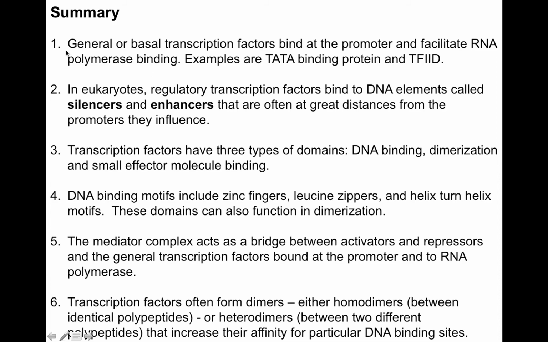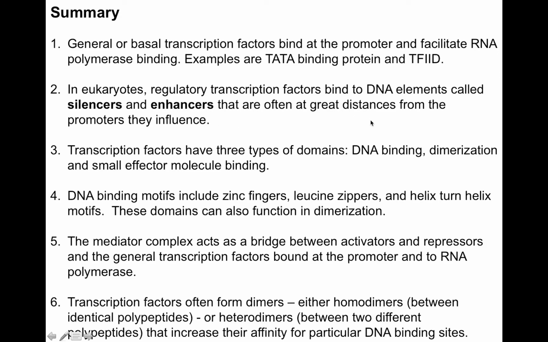So, in summary, general or basal transcription factors bind at the promoter and facilitate RNA polymerase binding. Some examples are the TATA binding protein and TFIID. In eukaryotes, regulatory transcription factors bind to DNA elements called silencers and enhancers.